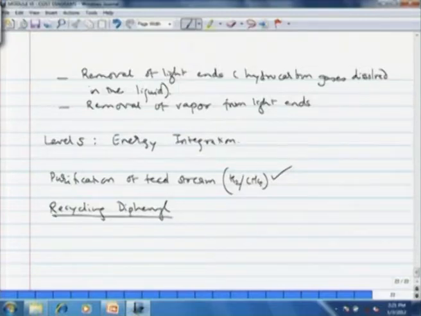Okay. Recycling of diphenyl. From our calculations that we saw in module 2, flow sheet synthesis, for a production rate of benzene of 265 moles per hour and selectivity of 0.99 or 0.98, we get typically 4 moles of diphenyl per hour.